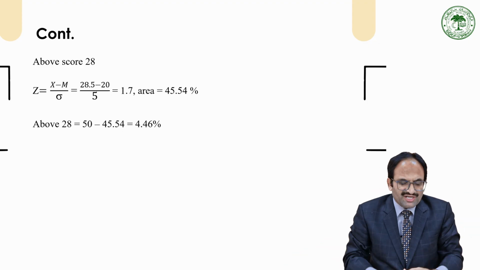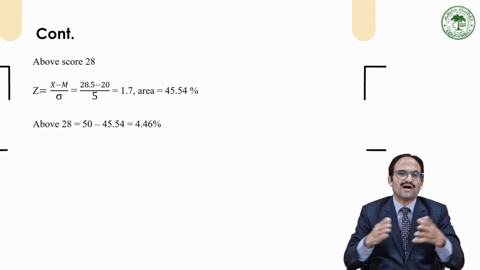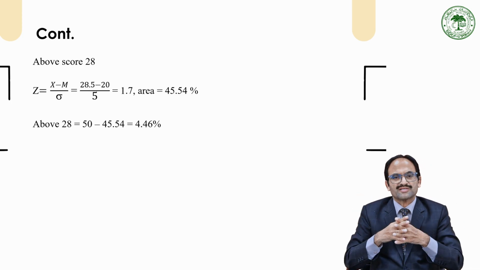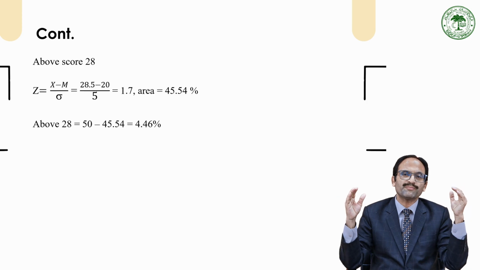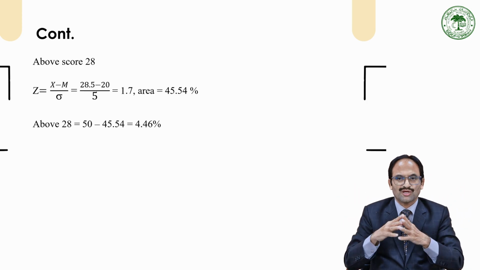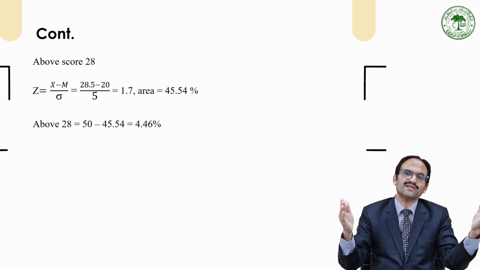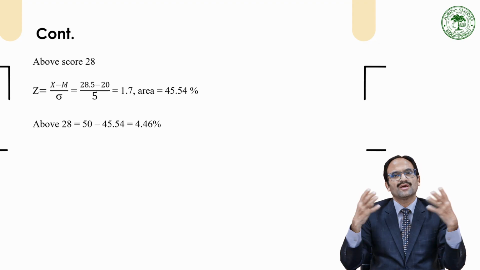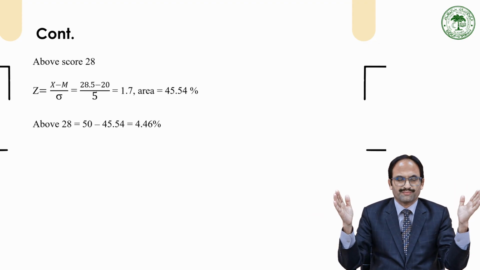So in a nutshell, this is the first use of the normal probability curve, that some scores have been given and you are required to find out the percentage of cases. Between this score and this score, definitely convert both the scores into z-scores, and whatever z-scores you get, you consult the table and find the sum.